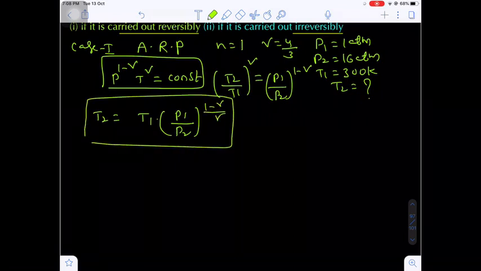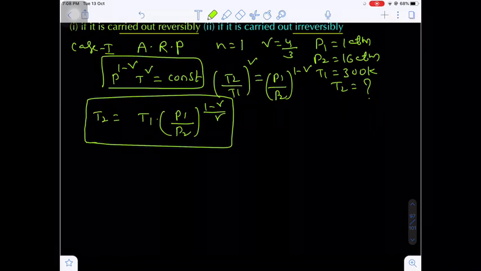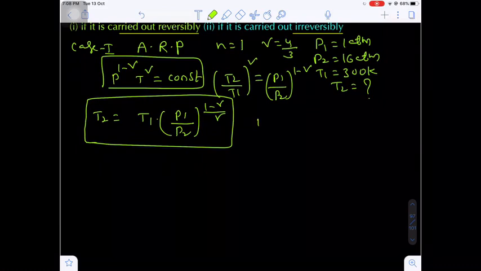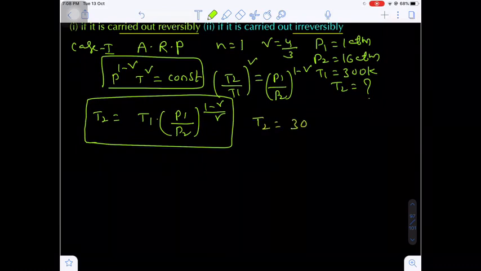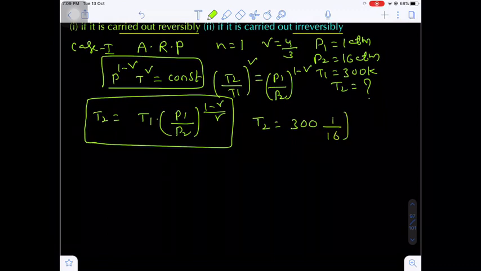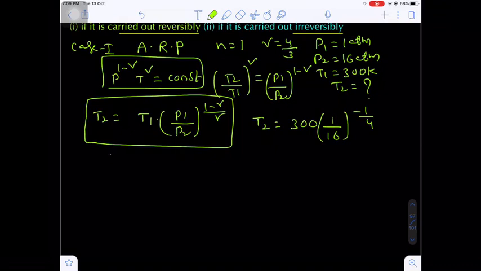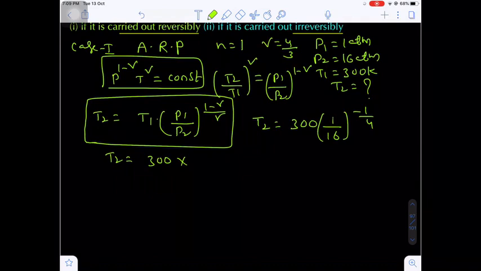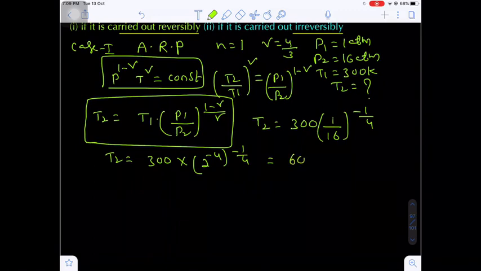In the last question, question number 64, it is similar. So T2 will be equal to 300, that is T1, into initial pressure 1 and final pressure 16 atm, to the power minus 1/4. So finally T2 will be equal to 300 into 2 to the power minus 4, whole to the power minus 1/4. So 300 into 2 will be 600 Kelvin.